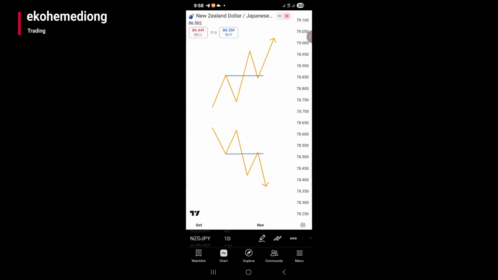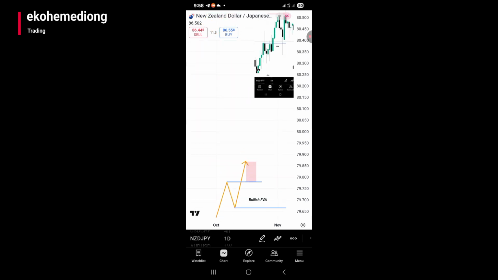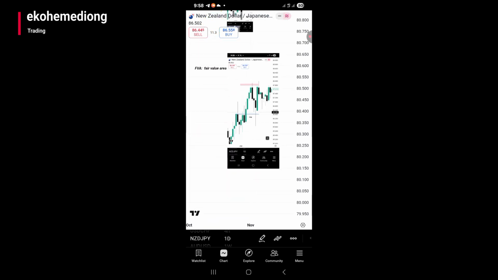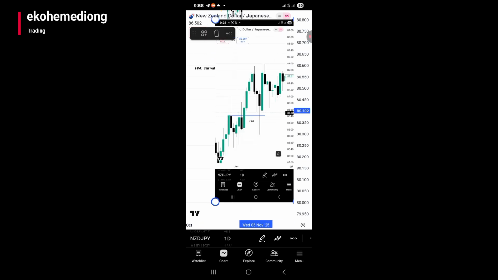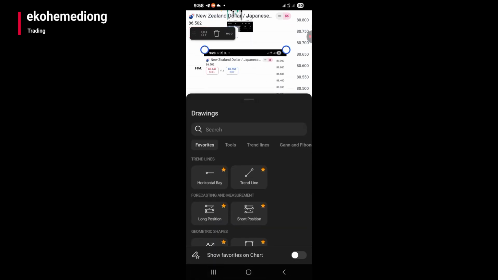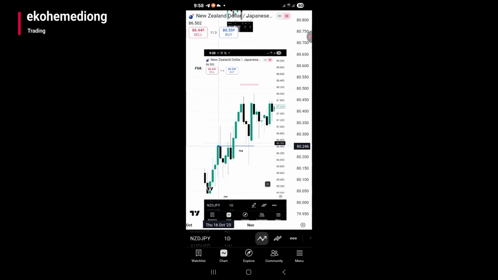It's the exact same thing that we saw in the image above. You see what price did there: price came here, went up, and this is the area where there was no fair value. So for the market to be efficient, it came back down to offer fair value, staying into it, and wants to continue higher.